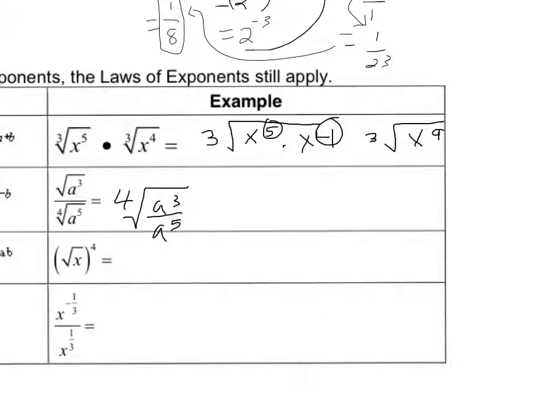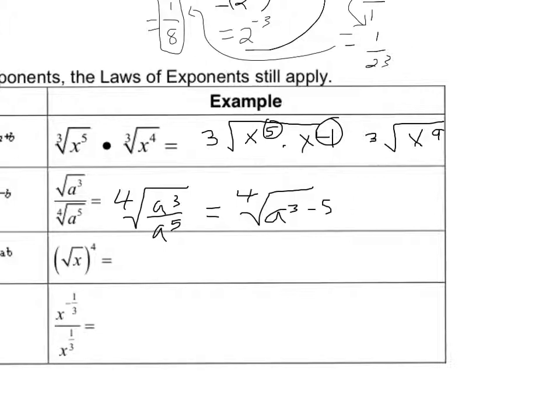And that's going to get simplified down to the square root of a to the 3 minus 5. The rule is that x stays the same and you subtract b from a. So that's why the 3 minus 5 is there.